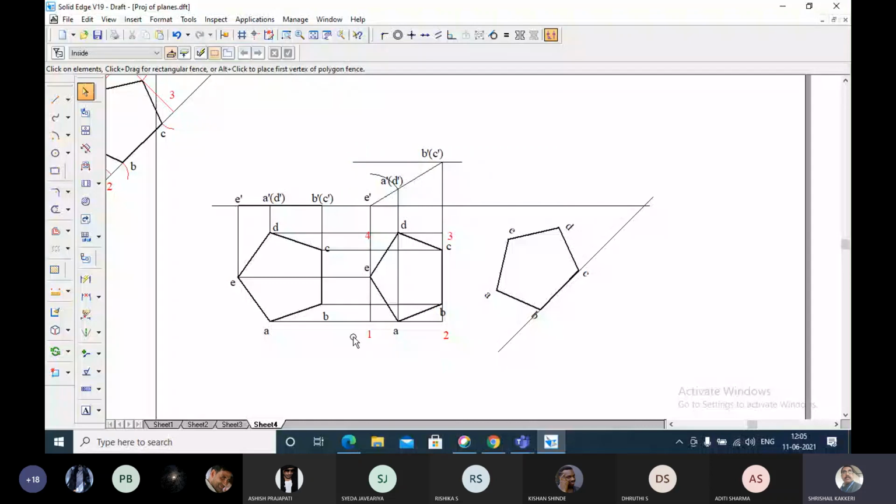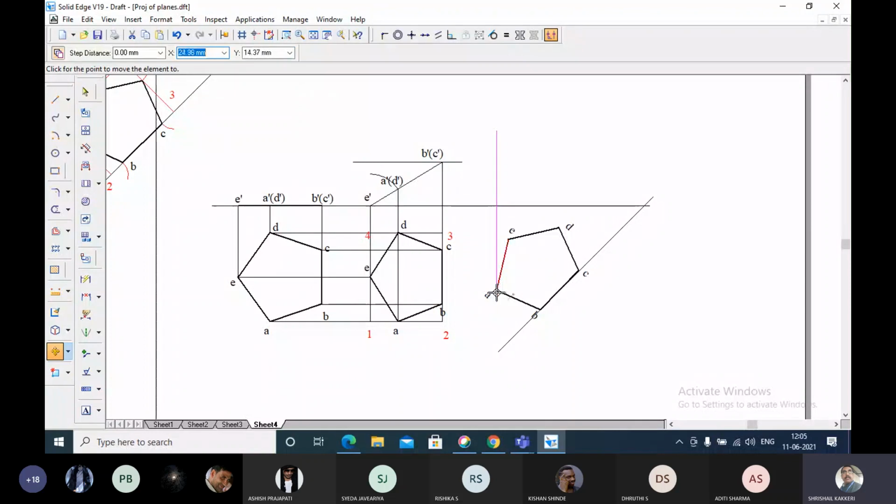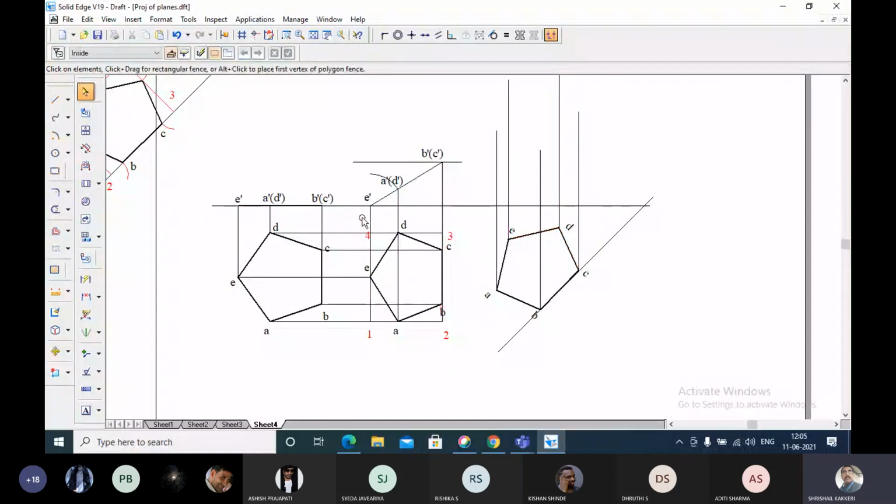Okay, let me take a vertical line from A, from B, from C, from D, from E. I have drawn the lines. And similarly, fortunately, this is one line already existing.